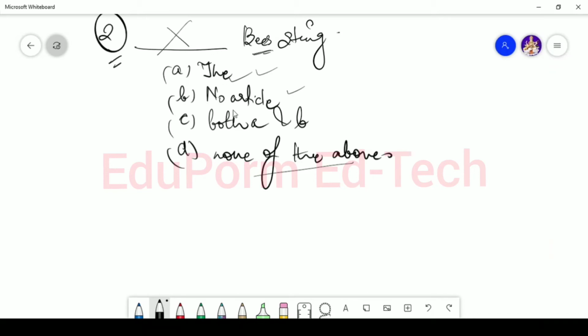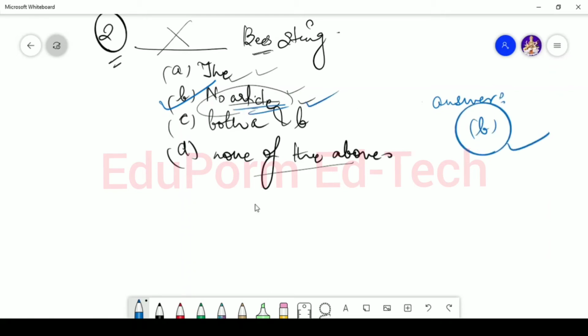So there won't be any use of article. So the answer is option B, that is no article. No article will be used here.